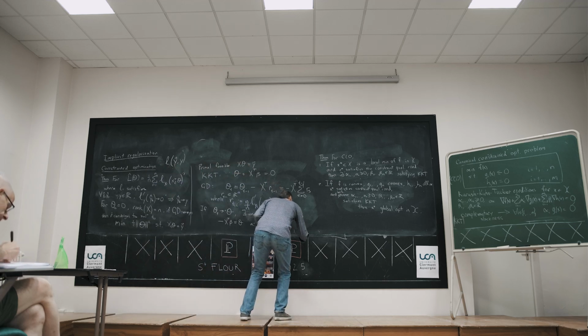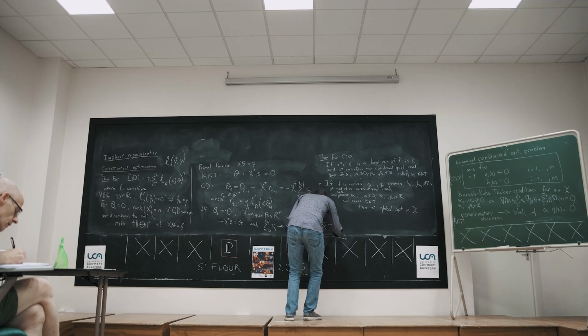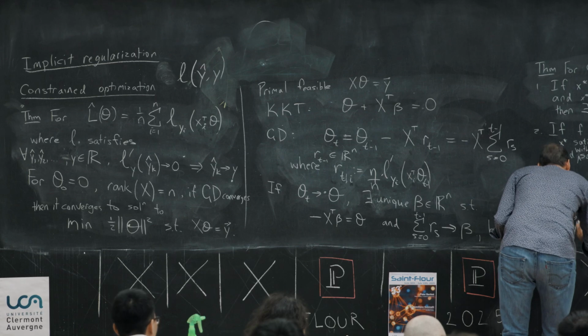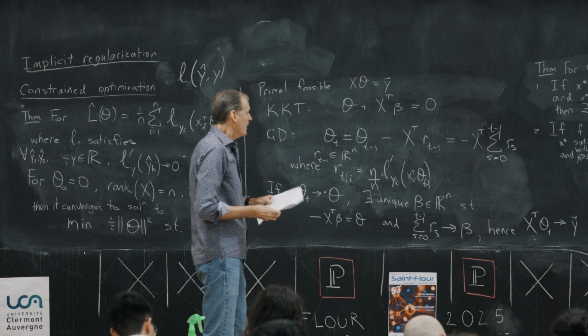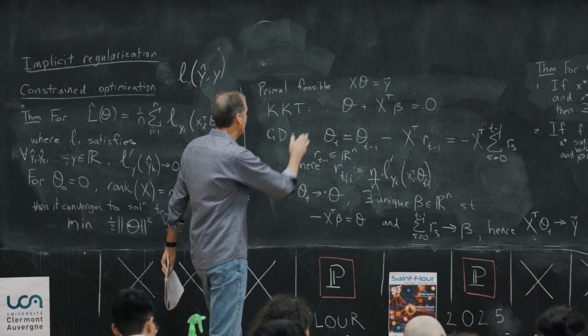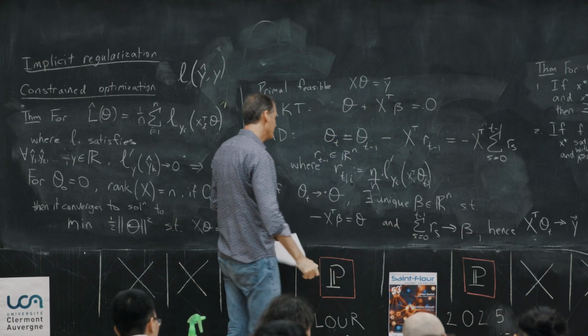So hence, I'll write it in matrix form, x transpose theta t converges to this vector y. Okay, so x theta equals y.